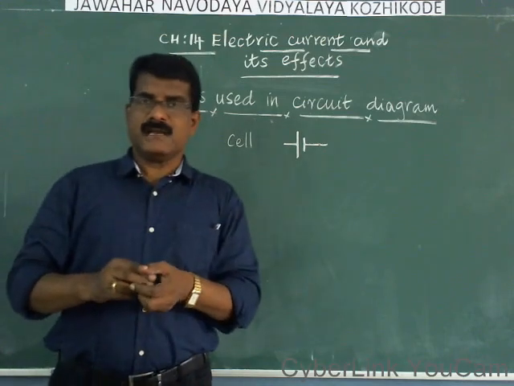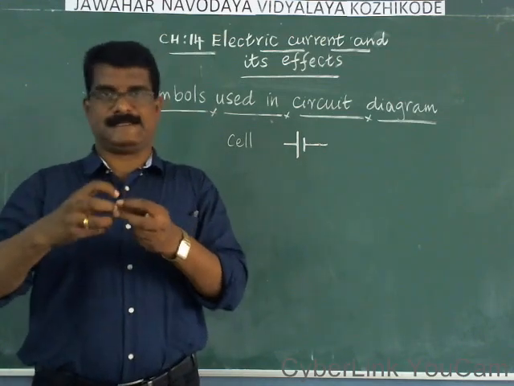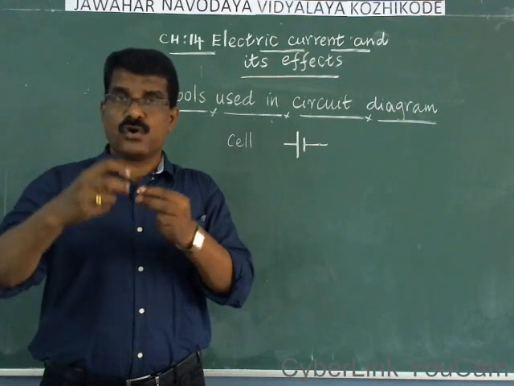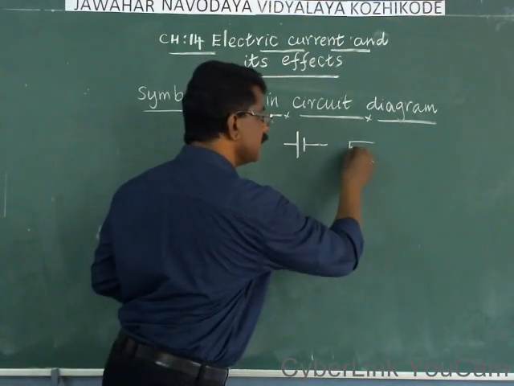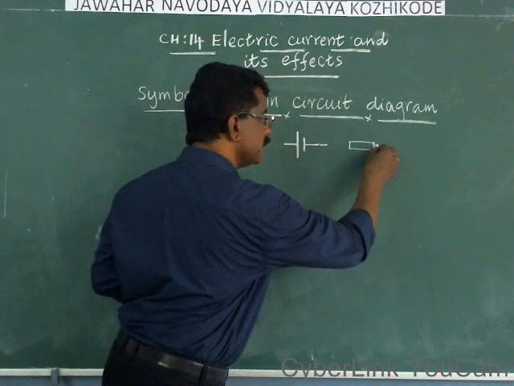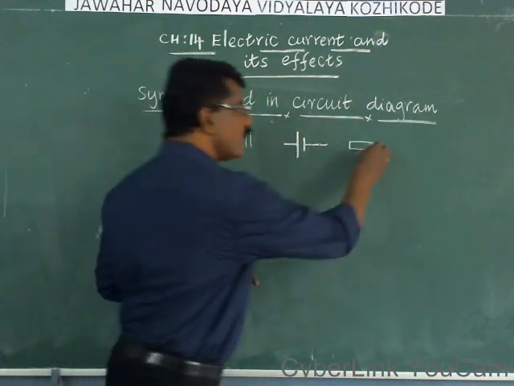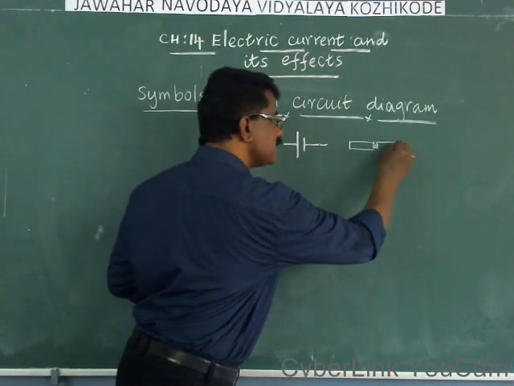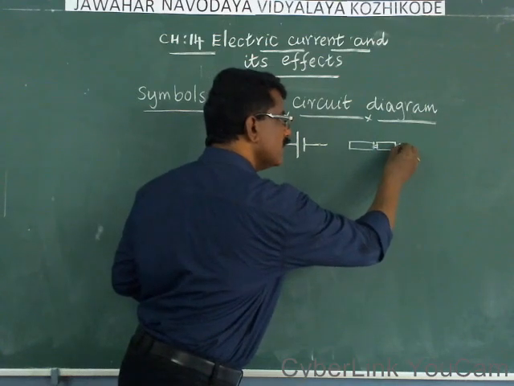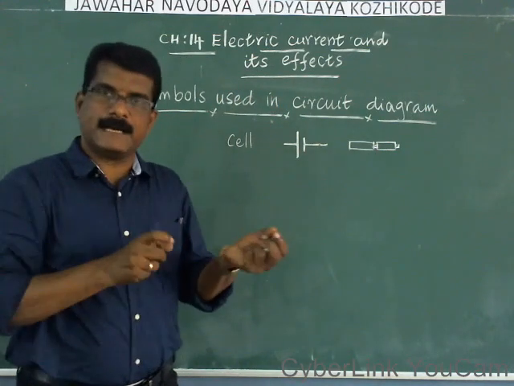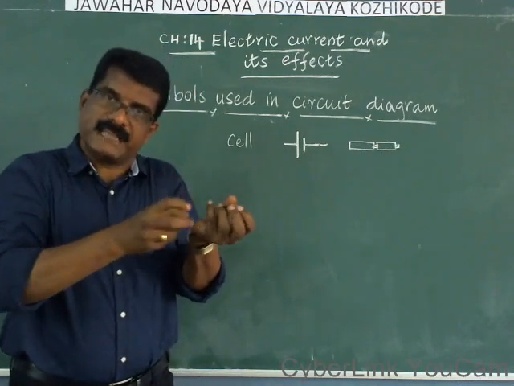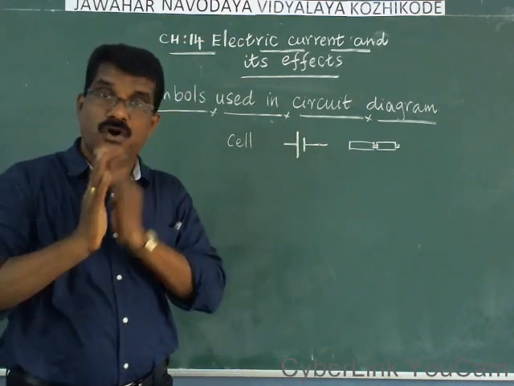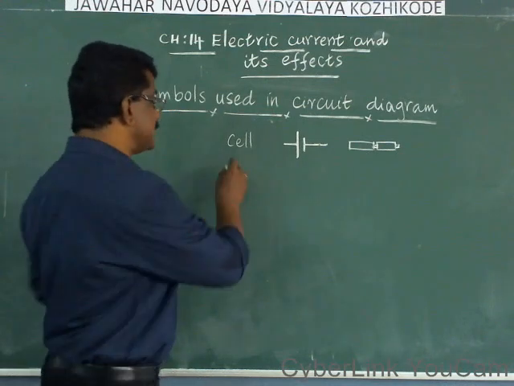Then, when two or more cells, say for example, consider this is a cell which you are using in your torchlight, and one more cell is attached one behind the other in a proper order, then we call it a battery.